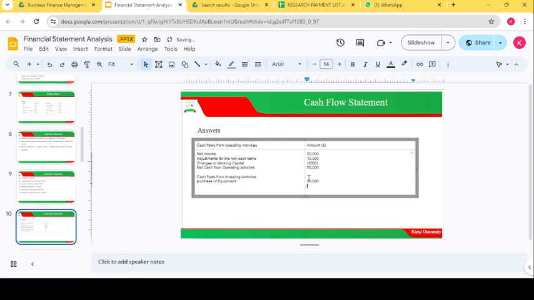Since we don't have any other investing activities, when you purchase equipment, it means we have a cash outflow, so it is a negative. So we'll put brackets. It means it is reducing our cash flow, which is the cash outflow. So we have here 20, the total 20,000.